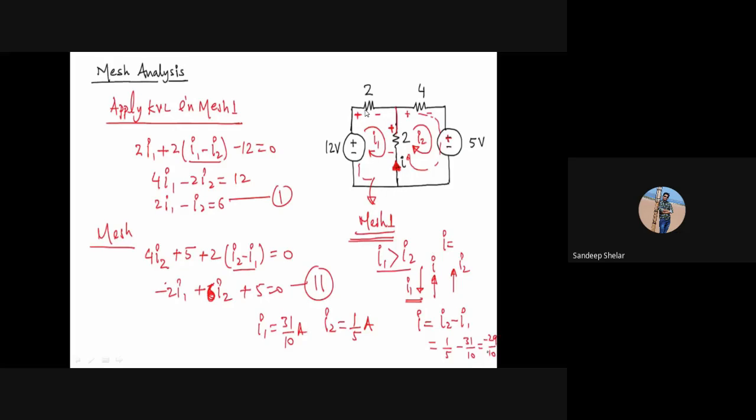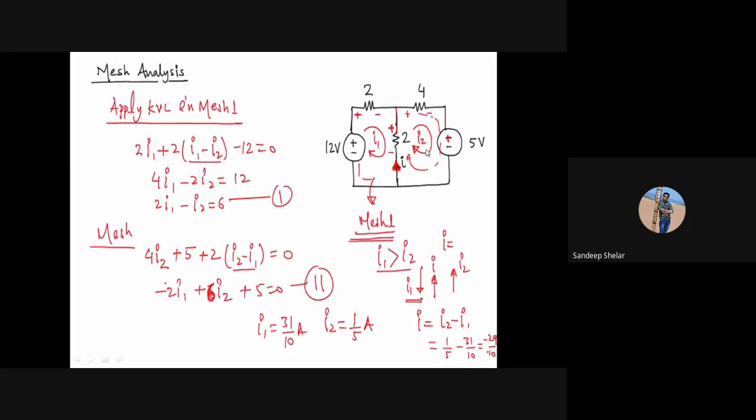We have a 2 ohm resistance in which current I1 is flowing, that is 2 into I1, plus a 2 ohm resistance in which I1 is flowing in the positive direction and I2 in the negative direction. Taking the difference, that is I1 minus I2, gives 2 into bracket I1 minus I2.